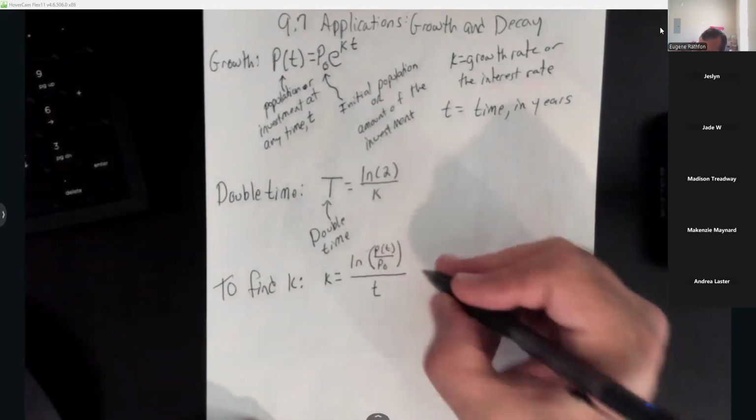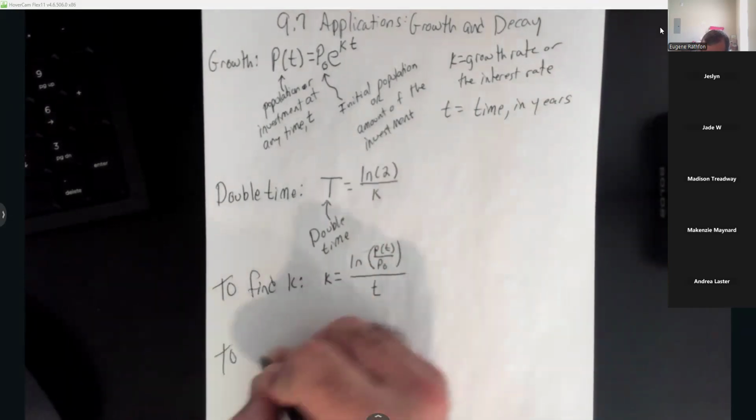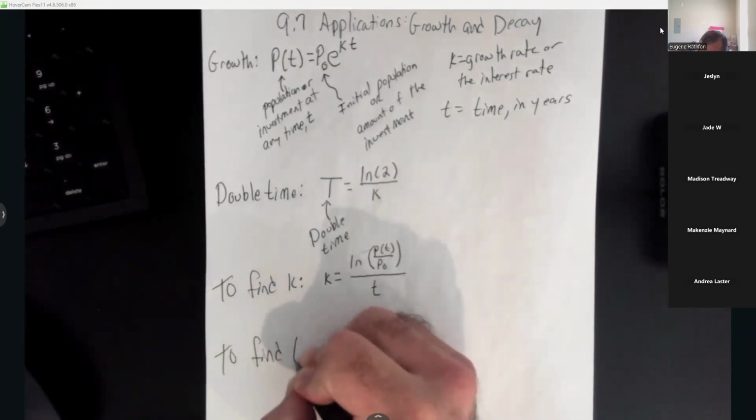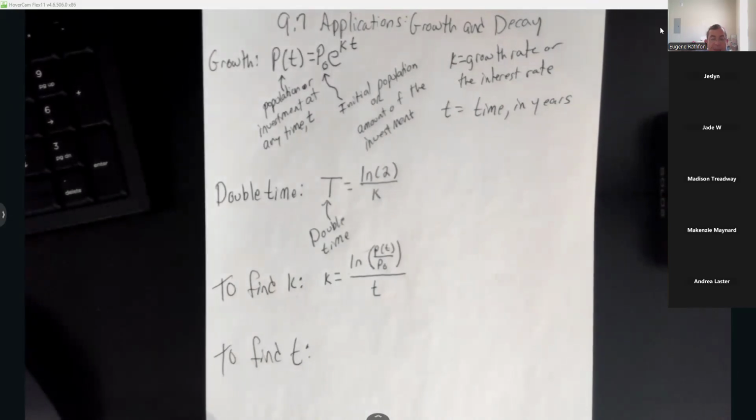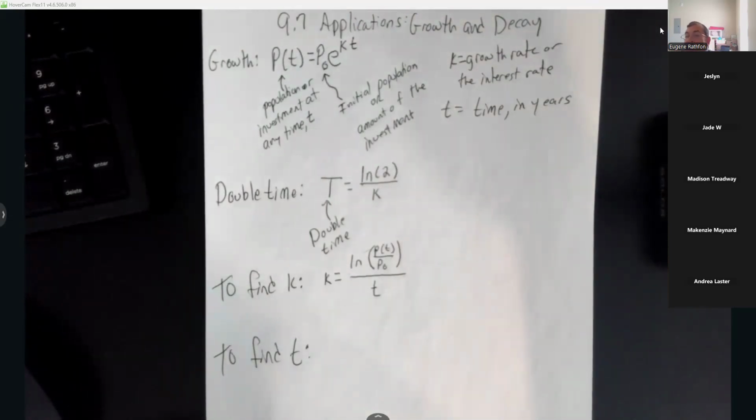And y'all, one more formula. What if I was looking for t? How many years would it take for my population or investment to go from one amount to another?